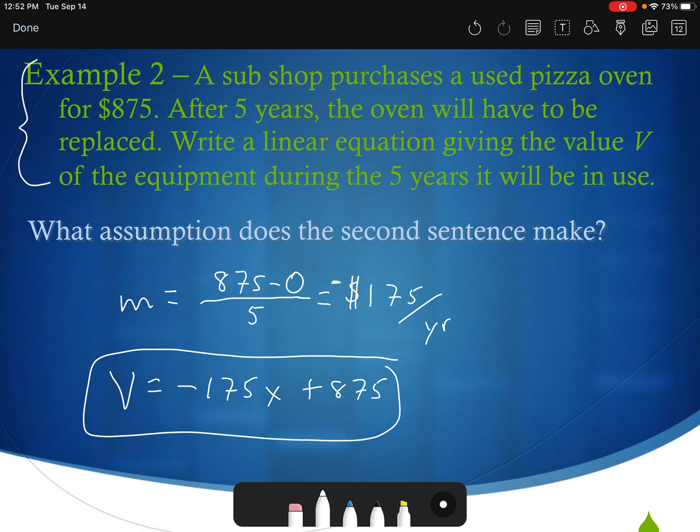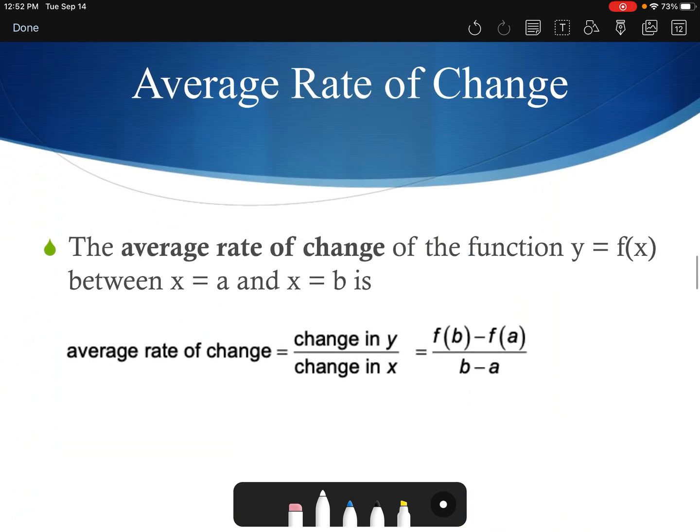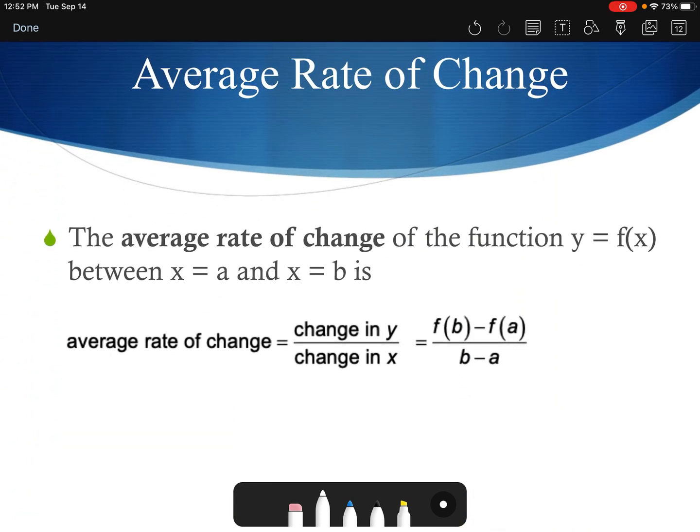So we can relate this to a line. Why is that important? Well, that leads us to the average rate of change, which is about real-time things that we're going to talk about. It is slope. It is found by finding the slope, but it is not slope like we think of.